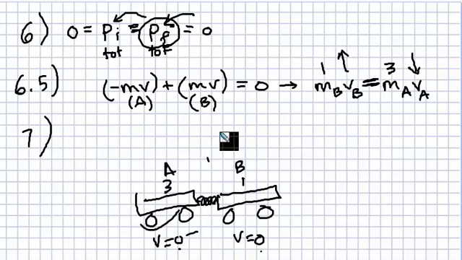Question 7.0 asks you to answer the question, after the spring is released, which cart has a greater magnitude of momentum? By magnitude, we mean absolute value. We don't care about the sign. But we know that these two momentums must add up to 0.